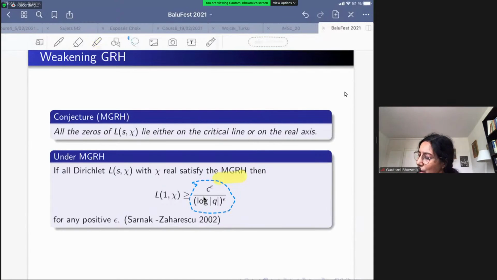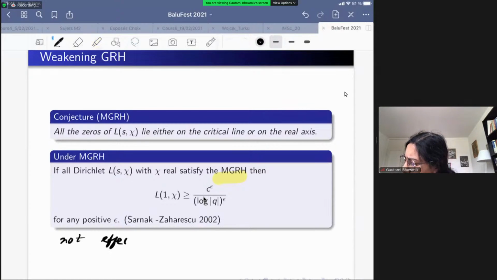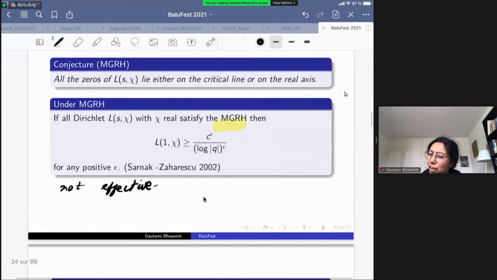So this result is not effective. But if you add some more conditions, it can be made effective. They show in the same paper that if you add some further conditions, it can get better. So this is one way: you change your GRH, and you can get some results.